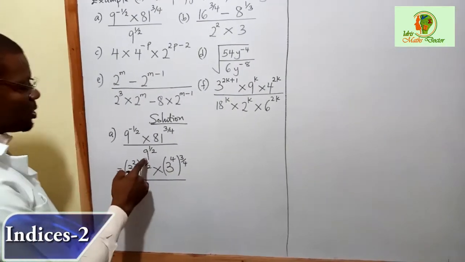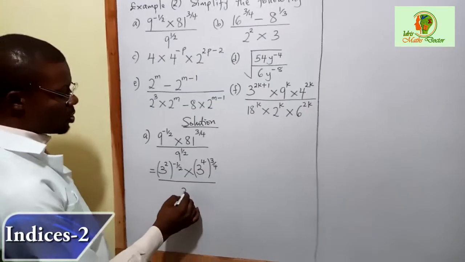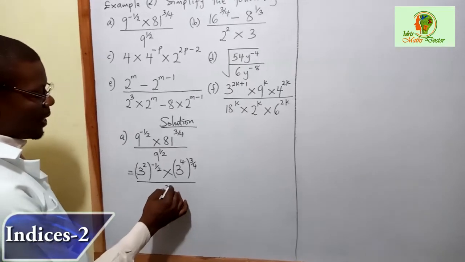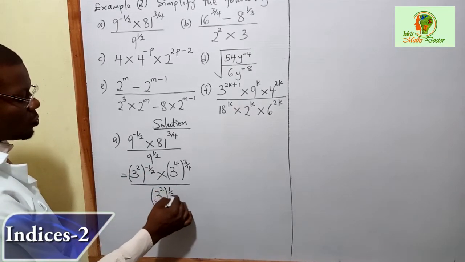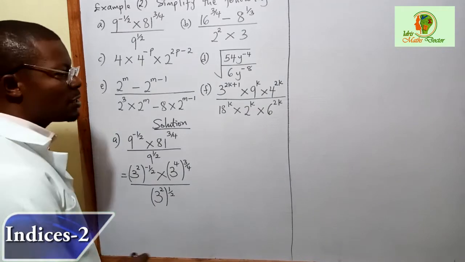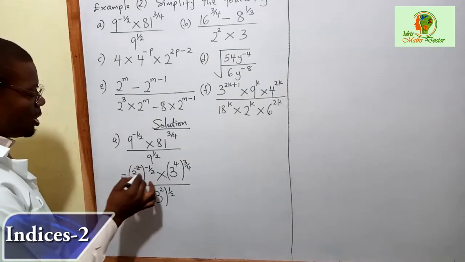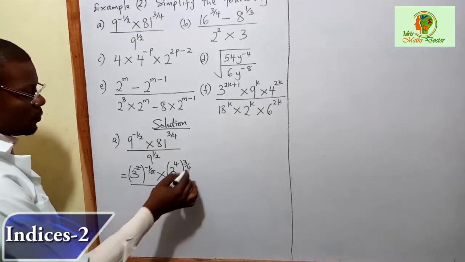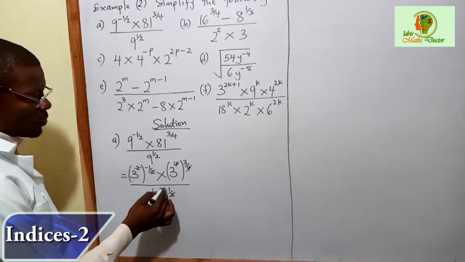You can do the same thing to this 9 raised to power 1 over 2. We can write 3 raised to power 2 for 9, in bracket, raised to power 1 over 2. Now, if you use the law that states that the power inside multiplies the power outside, this will cancel out this, and this will cancel out this.